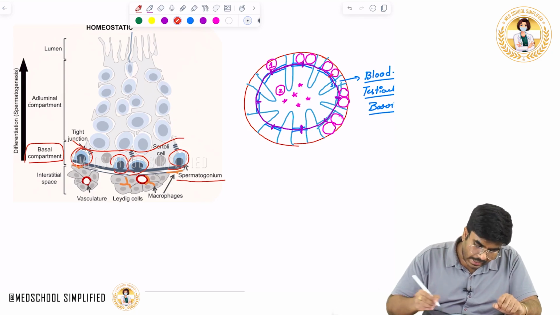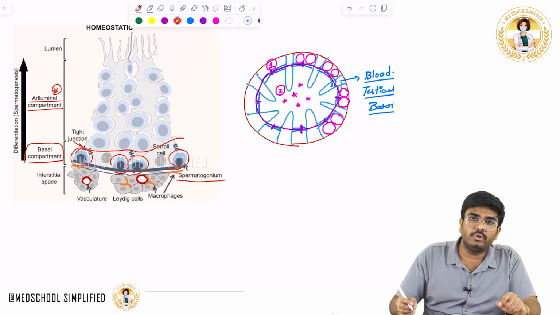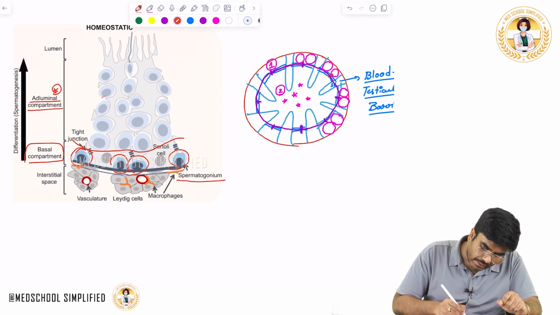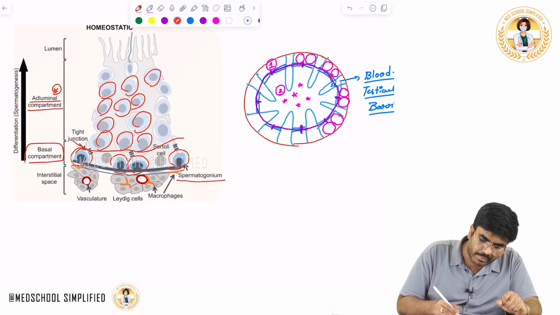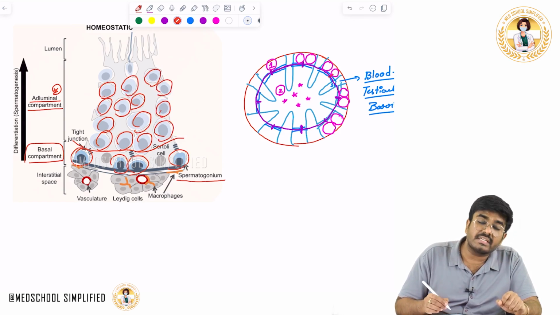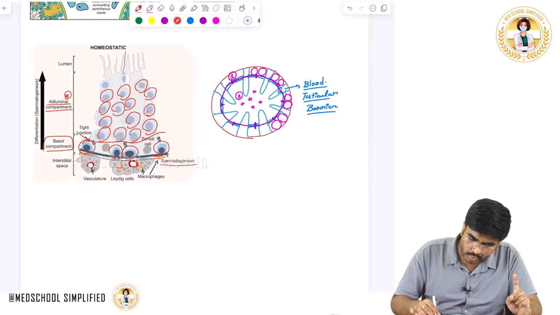Spermatogonium. And the second compartment is called the adluminal compartment. In the adluminal compartment, spermatogenesis is happening: the spermatogonia are converted to spermatocytes, the spermatocytes into spermatids, and spermatids into spermatozoa. So how many compartments are there? Two compartments.